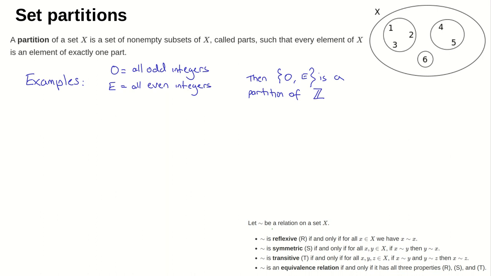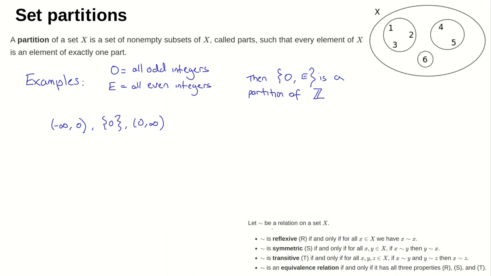All right, let's take another example. So if we think now about real numbers, let's take the set of all strictly negative real numbers, written like this, and the set containing just 0 on its own, and the set of all strictly positive real numbers.